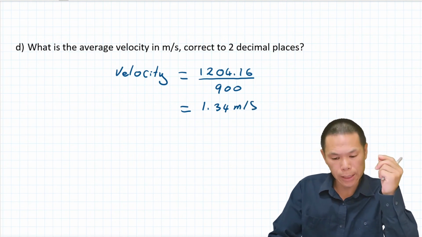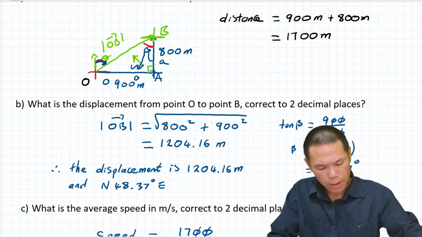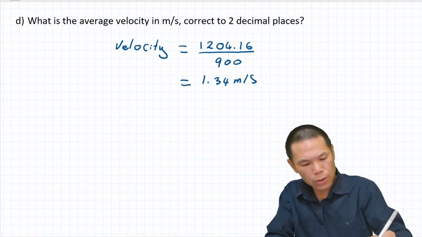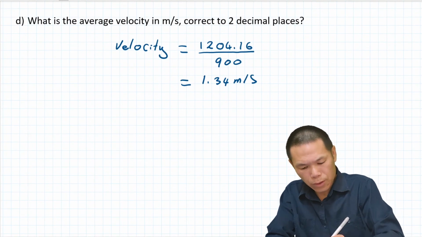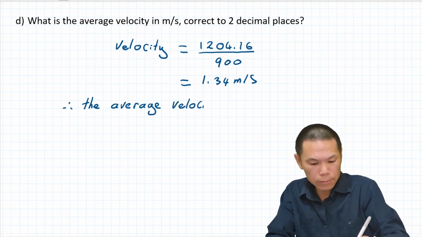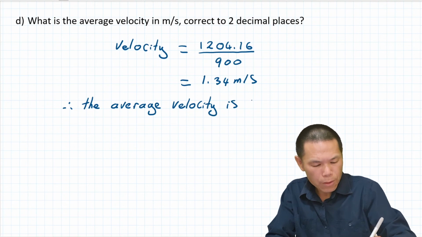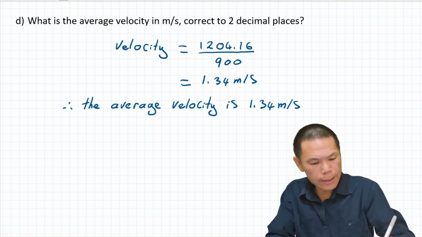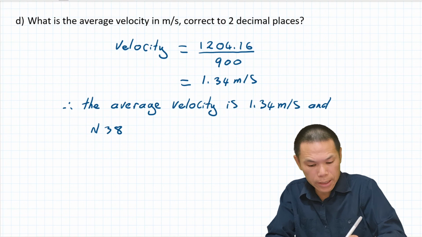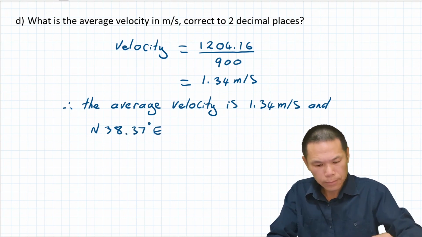And the direction is the direction of the displacement, 48.37. Therefore, the average velocity is 1.34 meters per second, and the direction is north 48.37 degrees east. There you go.